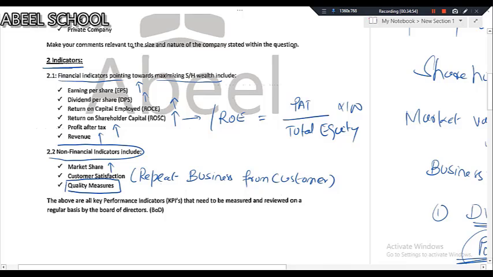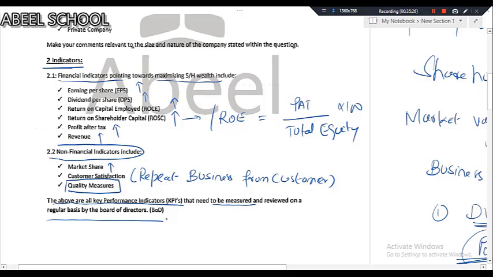Why are people willing to pay so much for a BMW? Obviously because of the quality measures. So we have financial as well as non-financial indicators which are pointing towards maximization of shareholders' wealth. The above are all key performance indicators that need to be measured and reviewed on a regular basis by the BOD.